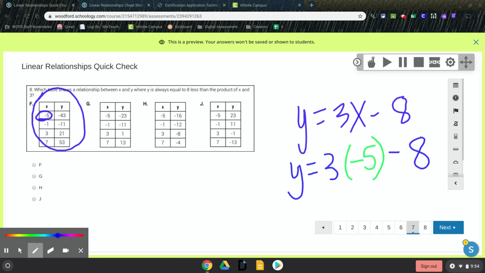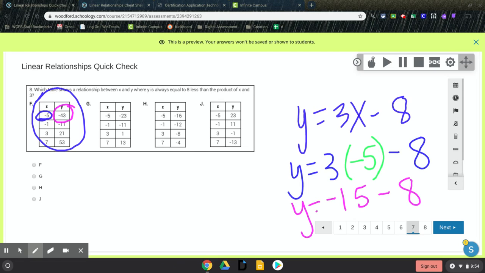Do I get negative 43? So this is negative 15 minus 8. So then y equals negative 15 minus 8. So that's going to give me negative 23. Okay, so I needed it to be negative 43.